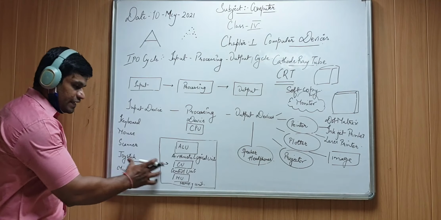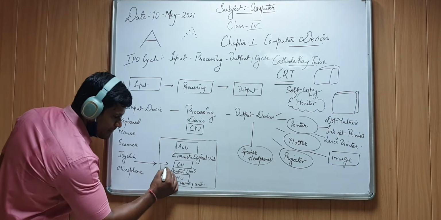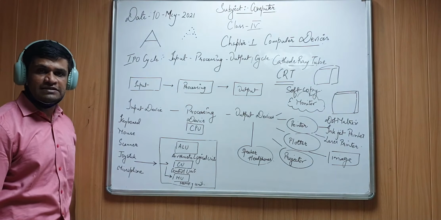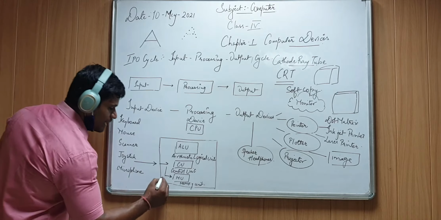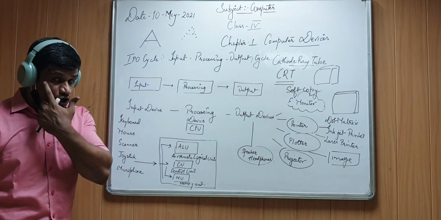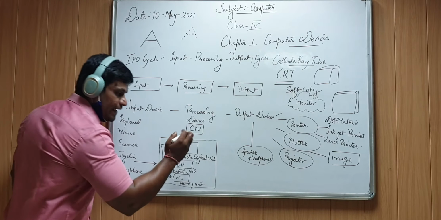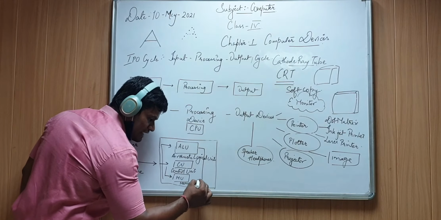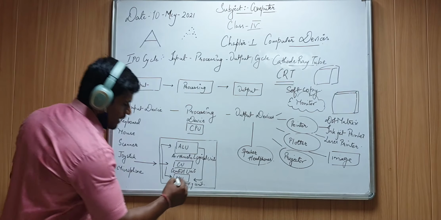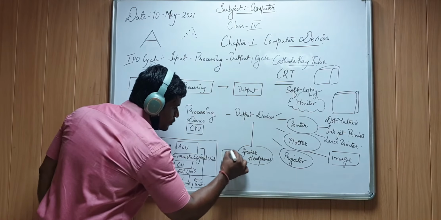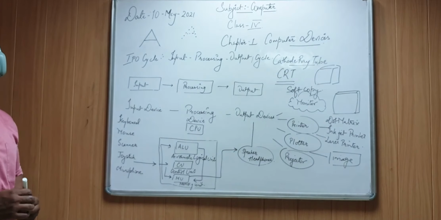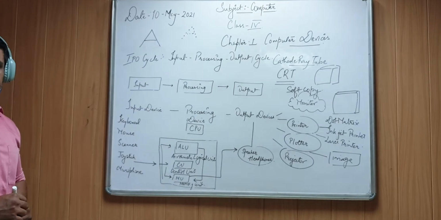It receives the input from the input devices and stores those input data in the memory unit. After that, it gives it to the ALU for calculation. ALU will generate the output or answer, which is again stored in the memory unit, and after storing the output, control unit brings it to the output device, which we can see.